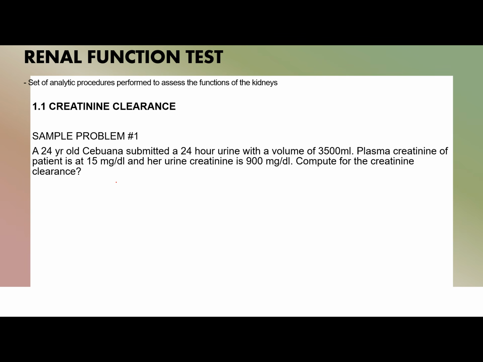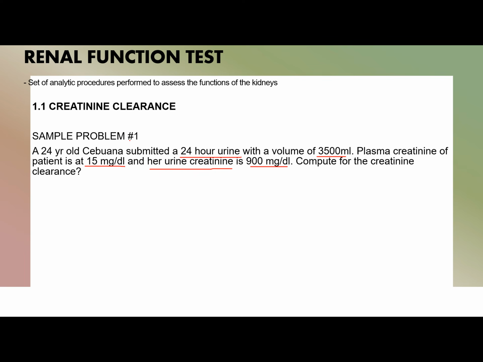So, ito, I'll give you a sample problem. A 24-year-old Cebuana submitted a 24-hour urine with a volume of 3,500 ml. Plasma creatinine of the patient is at 15 milligram per DL and her urine creatinine is 900 milligram per DL. Compute for the creatinine clearance.